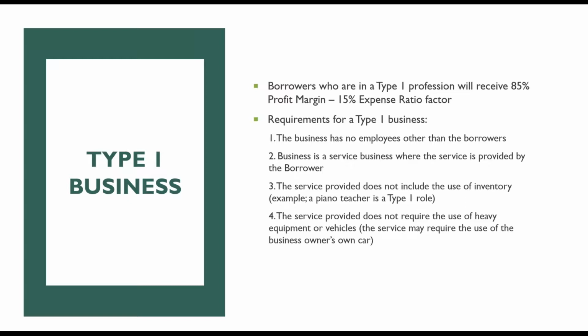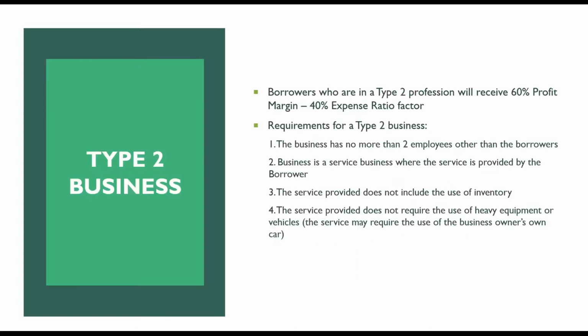Now on to the types of businesses. So a type 1 business will receive 85% profit margin with the 15% expense ratio factor. These types of businesses are businesses that the borrower is providing them. So something like a piano teacher is a type 1 role. And then a type 2 business, you're going to receive 60% profit margin with a 40% expense ratio factor.